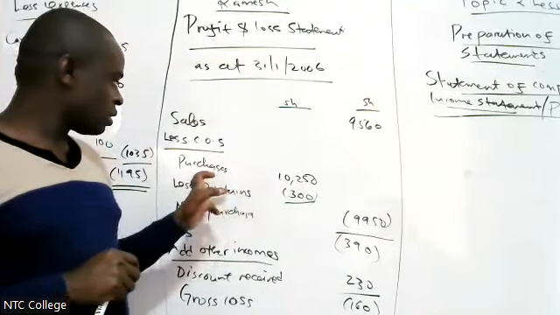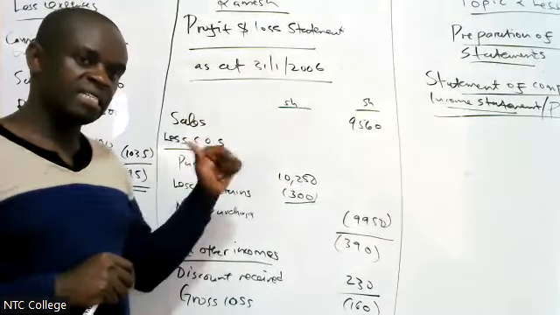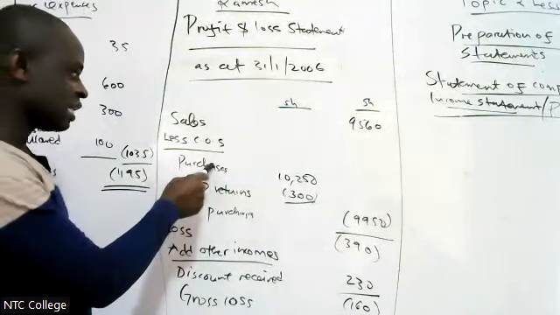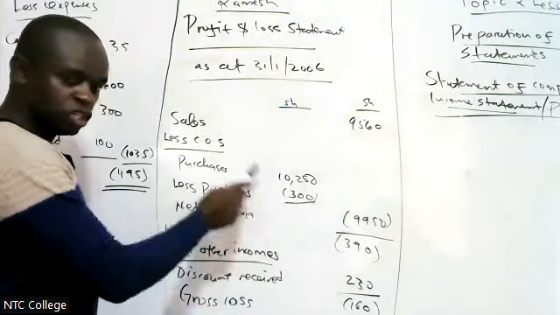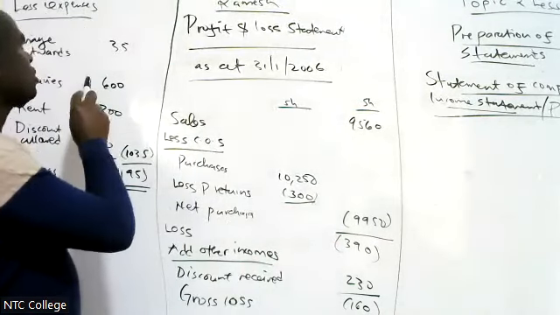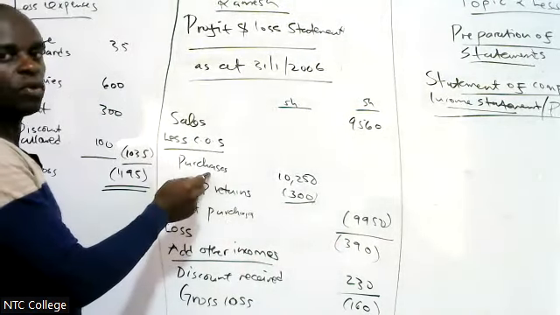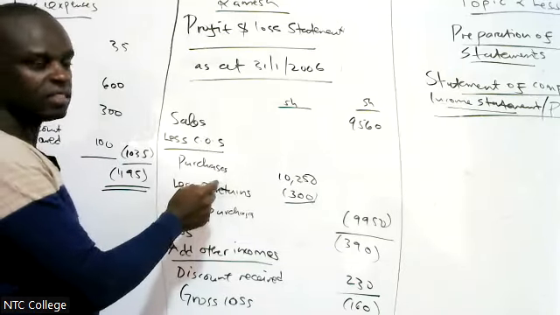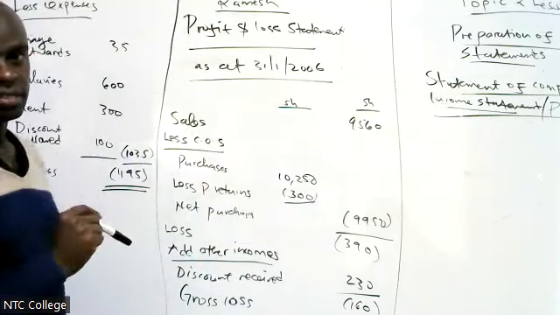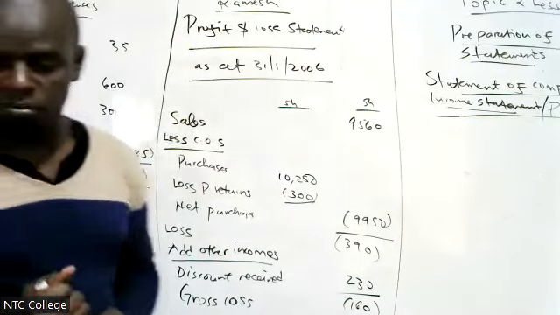So you come and add it here in the cost of sales with the purchases. So make sure you don't forget that one. Carriage inwards is part of the cost of sales, part of purchases. Carriage outwards is an expense. So that should be clear to you.